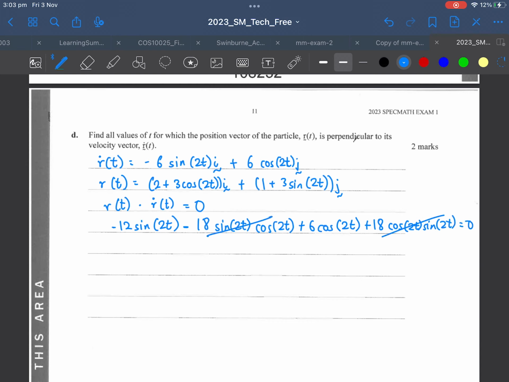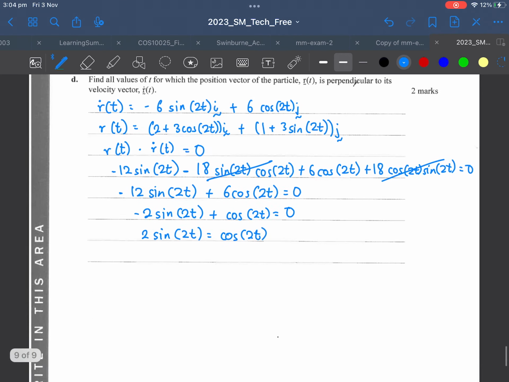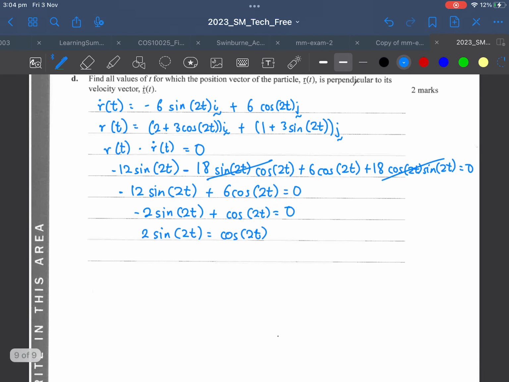So this and this will just cancel out, leaving us with −12 sin 2t plus 6 cos 2t equals 0. I'm going to divide the whole equation by 6, so −2 sin 2t plus cos 2t equals 0. That would mean that 2 sin 2t equals cos 2t, and let us divide, making this a tangent.